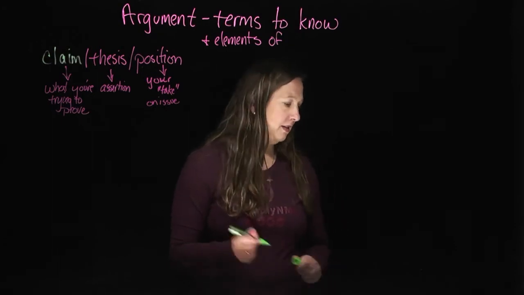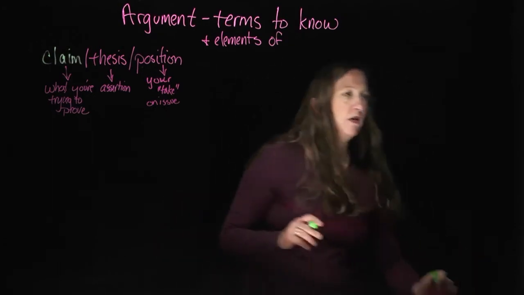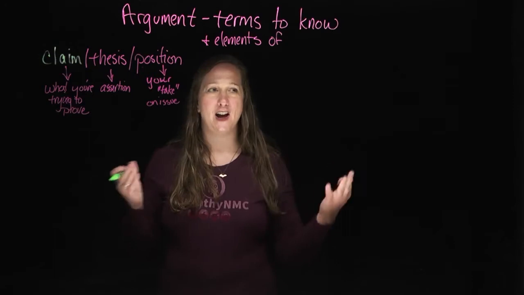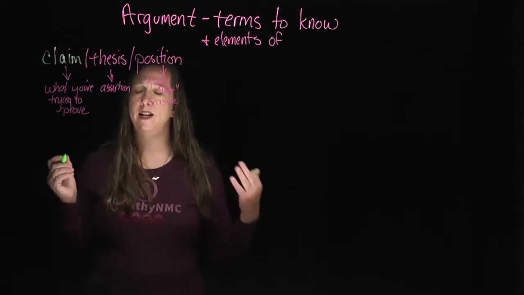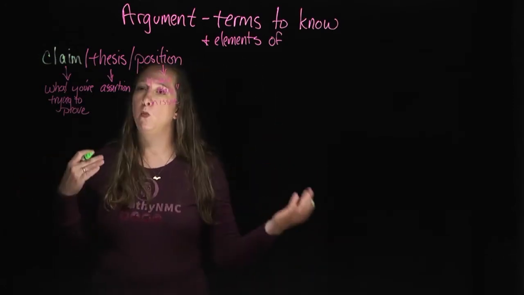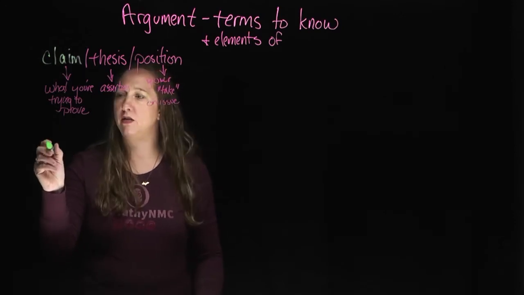So the next section of things that you often hear get all convoluted, so to speak, are reasoning, evidence, or supports, and warrant. So let's talk through these for a little bit.